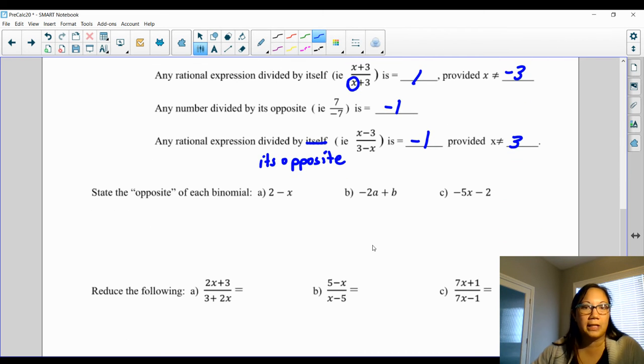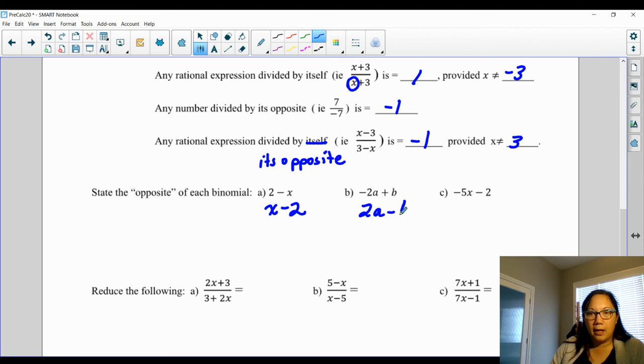Okay, so let's state what the opposite is of each of these numbers. So I have 2 minus x. So its opposite would be x minus 2. The opposite of -2a plus b is going to be 2a minus b. So to find the opposite, you can think about multiplying your expression by -1.